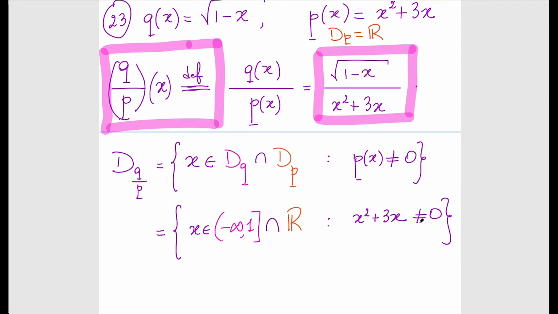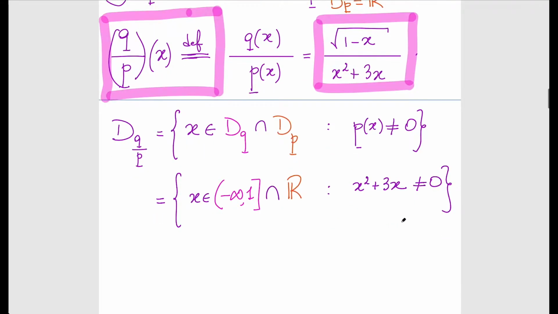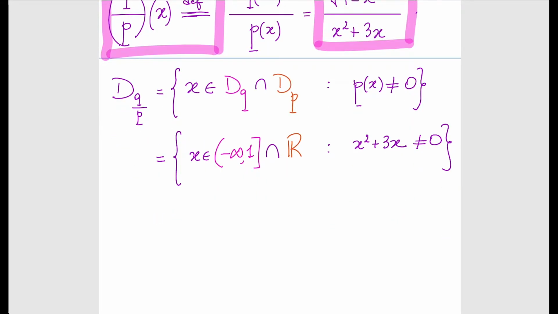Okay, I'm going to throw them away. So how about we actually solve this equation? When does this equal 0? Let's try to understand what kind of demands I should place on x so that this expression is not 0.